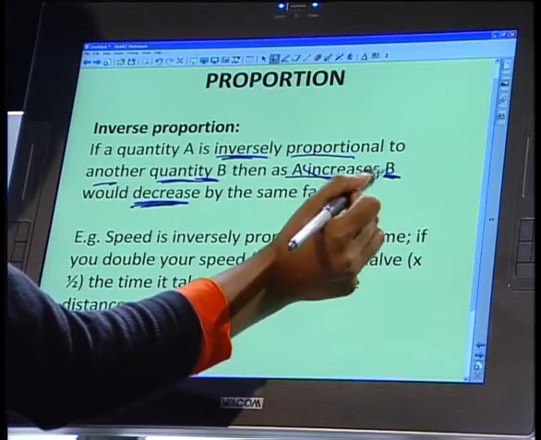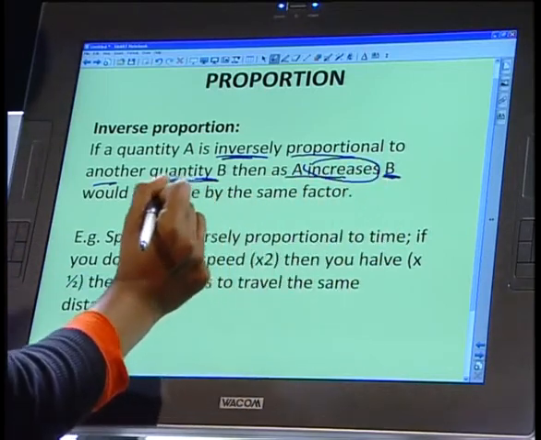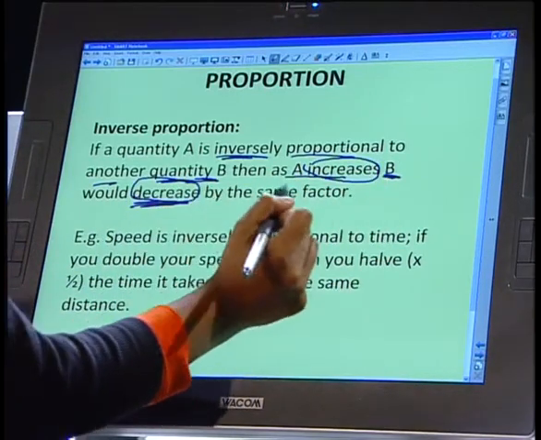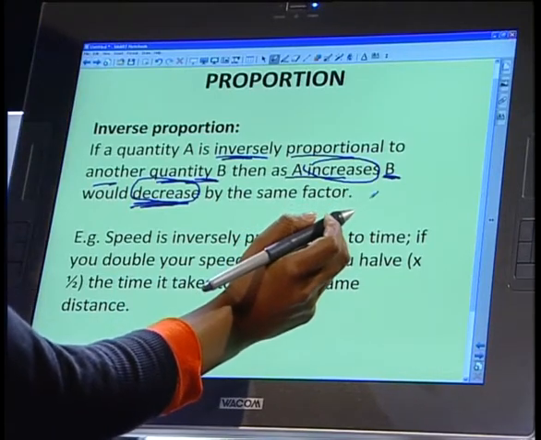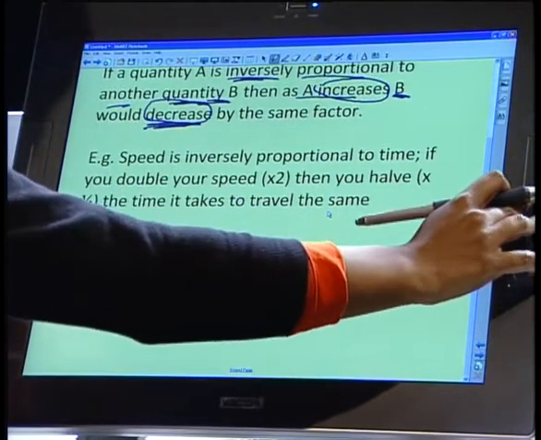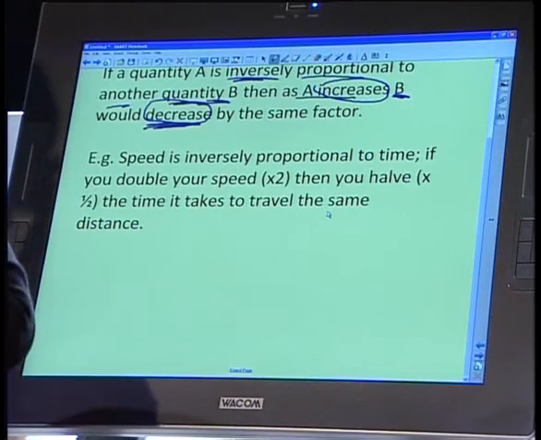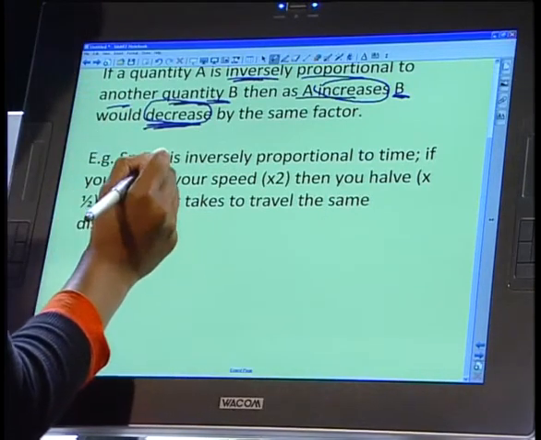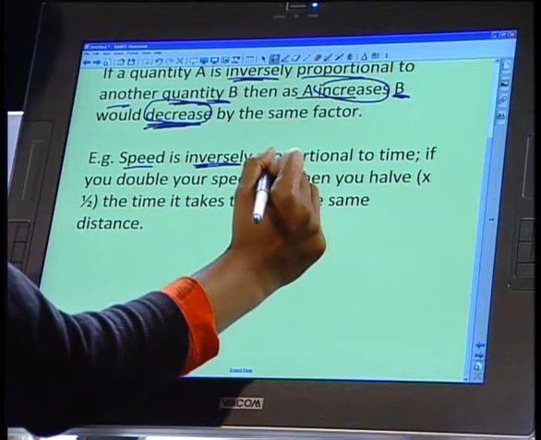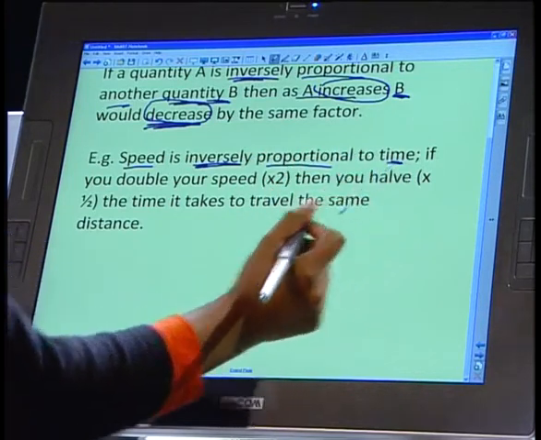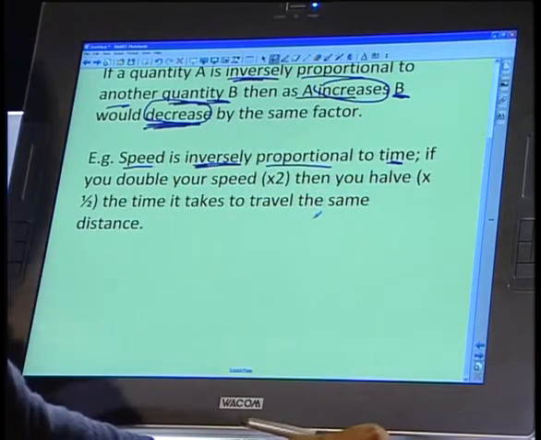If A is increasing, B would then be decreasing by the same factor. Again, we're going to use the example of speed, but this time what you should know is that speed is inversely proportional to time. Now, what we mean by that is, if you just think about it, the faster you go, the less time it's going to take to get to your destination.